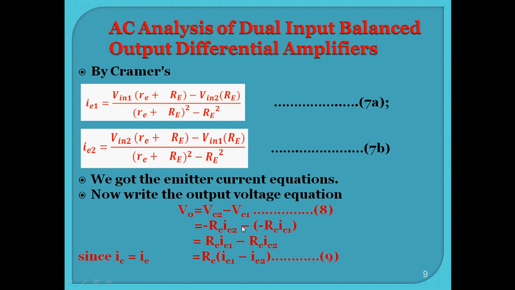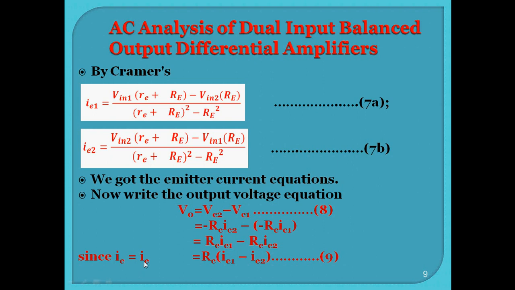When we rearrange this equation, it is RC into IC1 minus RC into IC2. Since for the common emitter configuration of transistors the collector current is equivalent to the emitter current, we can take RC common outside from these two, and what remains is IC1 minus IC2.